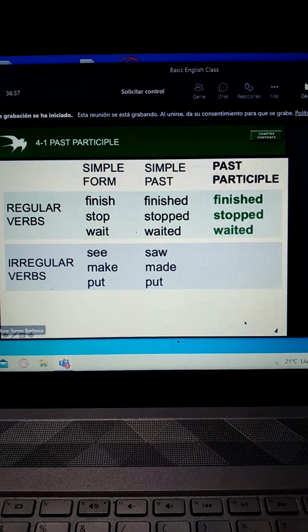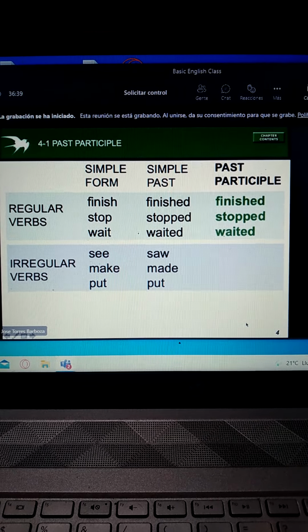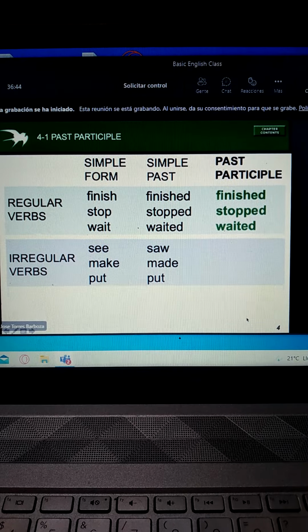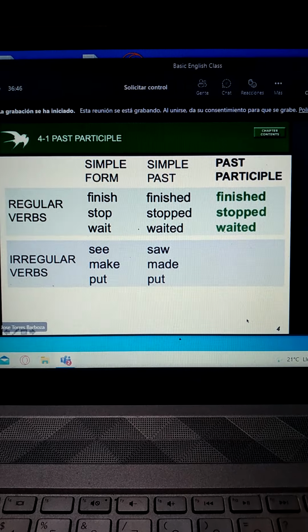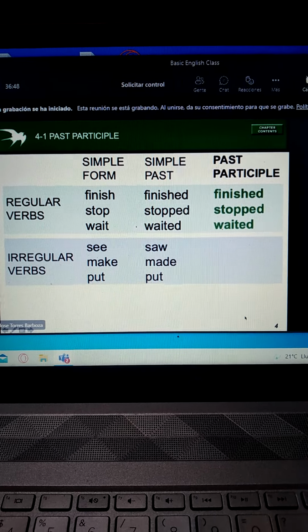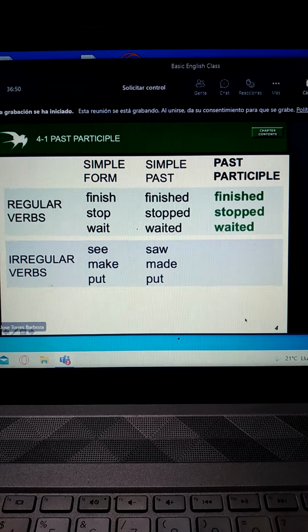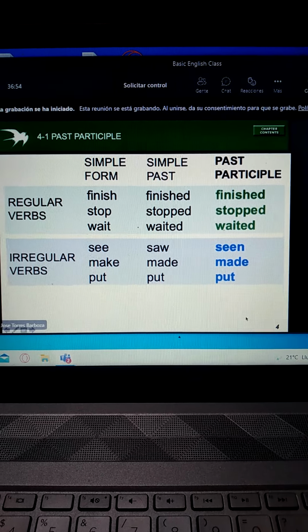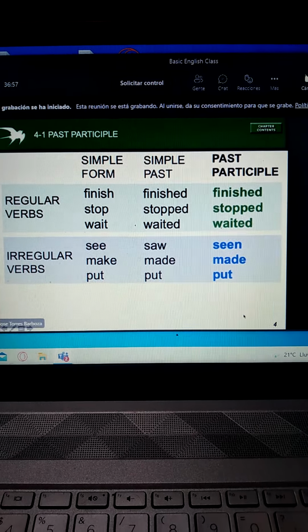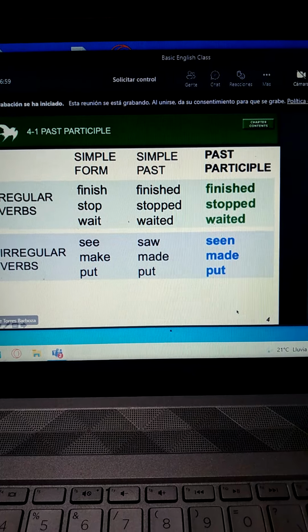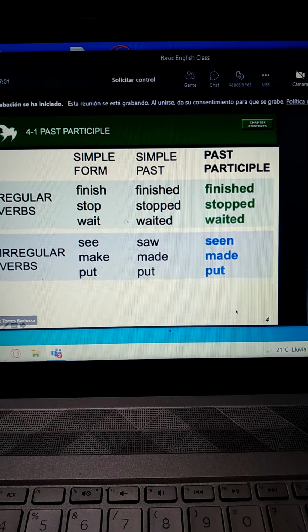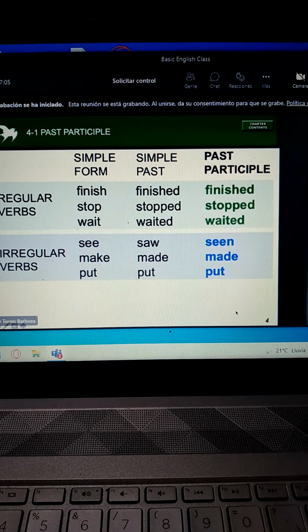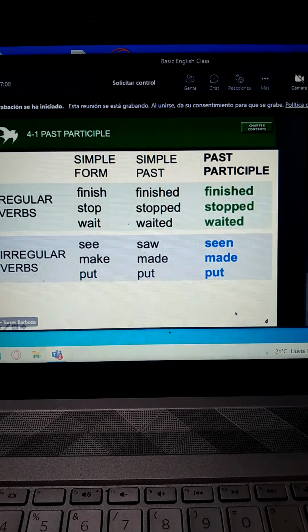What's the past participle of see? If you check the list, or if you remember, see, saw, and the past participle is seen. Make, made, made is the same. And put, put, put. But there are some others that change. For example, drive a car.